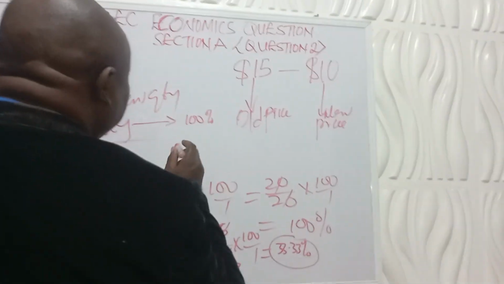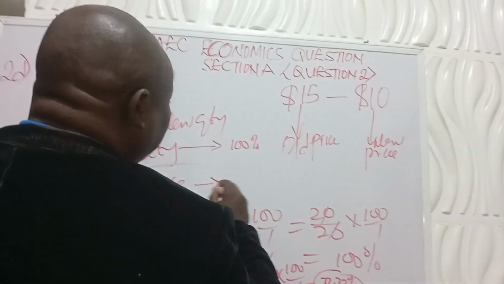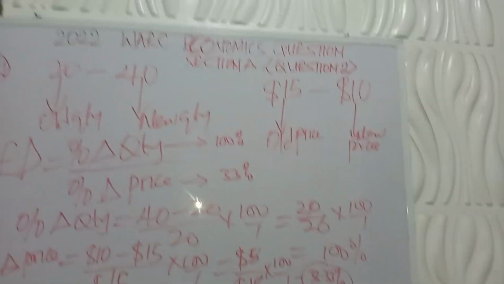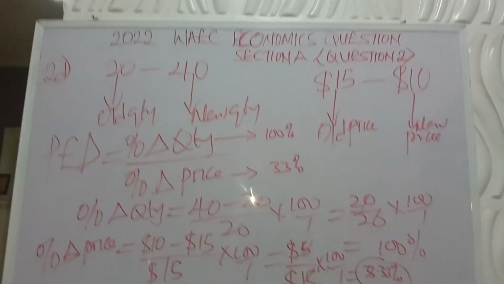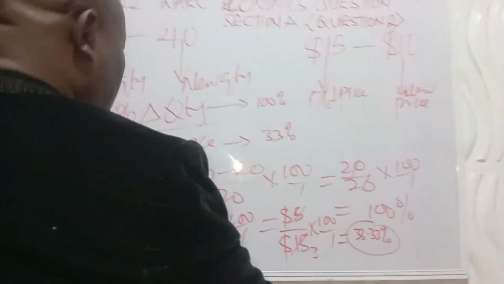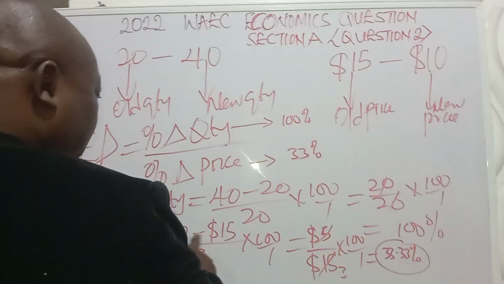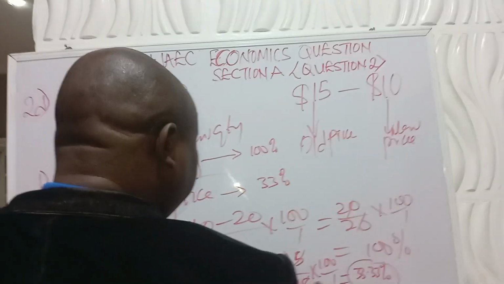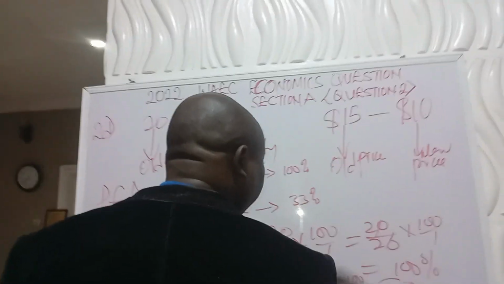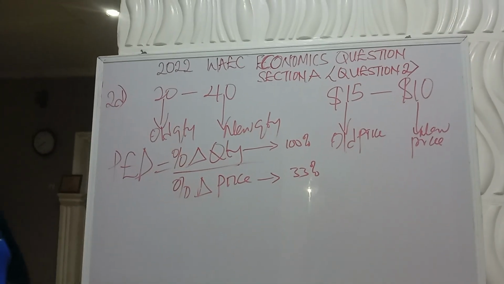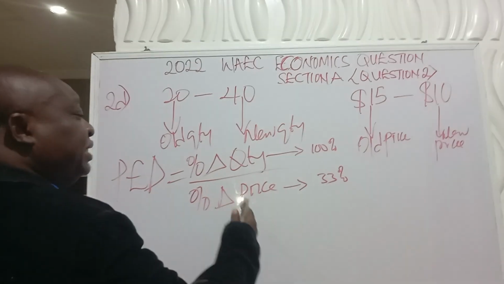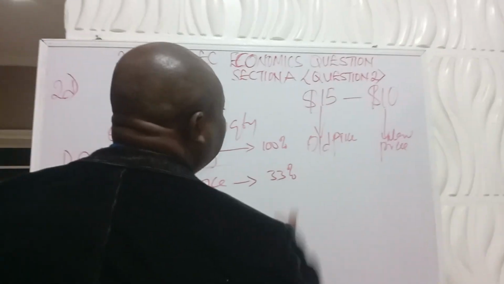Even if you approximate it to be 33, let's just approximate it. We said this minus this is 5 over this. Okay, yes. We are on track. I told you that what we actually calculated for percentage change in price is 33%.